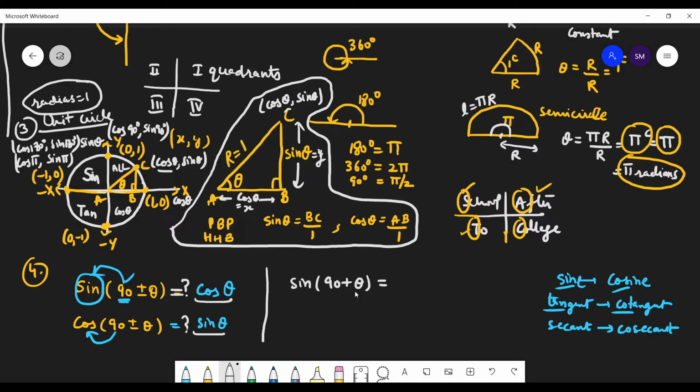If you are adding theta to 90°, you go to the second quadrant; if you are subtracting theta from it, you will move to the first quadrant. Similarly, this is 180°. If you are adding something to 180°, you are moving to the next quadrant. If you are subtracting, you are moving to the second quadrant. Similarly here 270 degree. If you are adding theta to 270 degree, you are moving to the third quadrant. If you are subtracting theta from 270, you will.